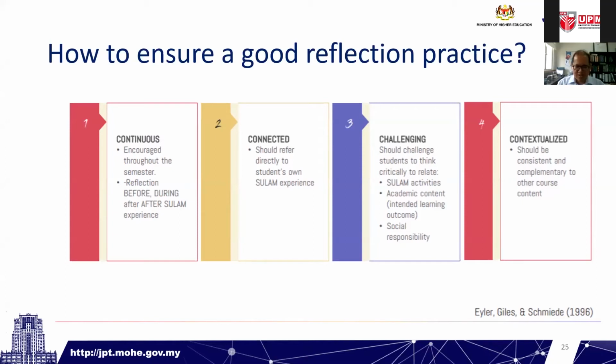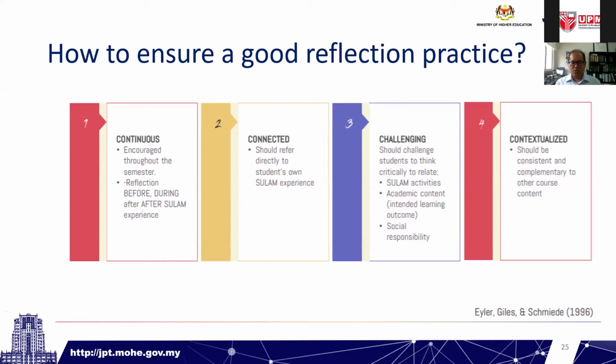Another thing is that we should challenge students to think critically about how to relate the SULAM activities they conduct to their academic content, in this case the learning outcome, looking at the experience from the past few years they have taken up the program. What are the elements that they can perhaps advocate or provide as service to the community?